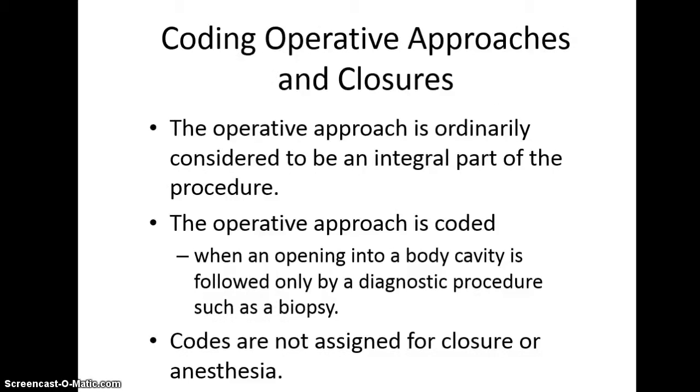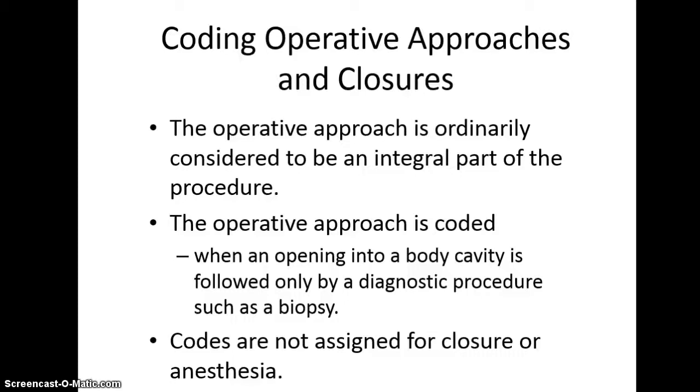So let's talk about the coding of operative approaches and closures. No code is assigned when a definitive procedure is carried out, except in the rare situation when the code for the surgery does not imply the approach. Both the alphabetical index and the tabular list often instruct the coder to omit the code when it represents the operative approach.